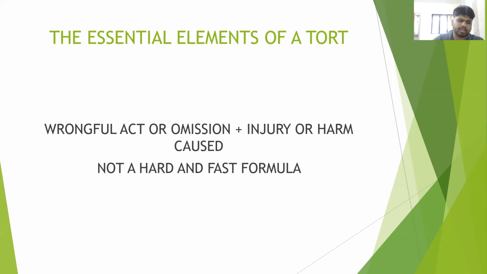So this is basically a blueprint of what a tort is, and a lot of different tortious activities follow this particular formula. However, this is not a hard and fast formula. This is not a rule of thumb that all torts are like this. There are certain exceptions that we will be covering in this very lecture. There are certain situations where this formula doesn't apply, but they still are tortious acts.